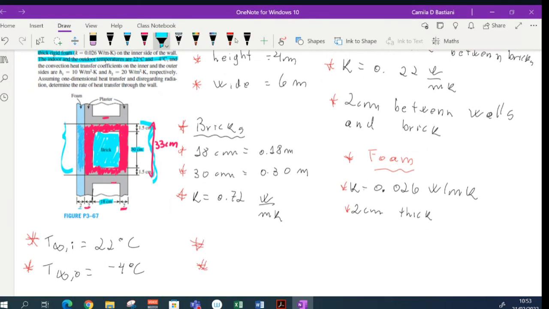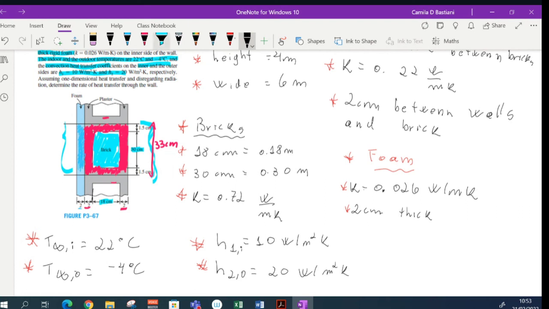The convection heat transfer coefficients on the inner and outer sides are 10 watts per meter square Kelvin on the inside, and 20 watts per meter square Kelvin on the outside.